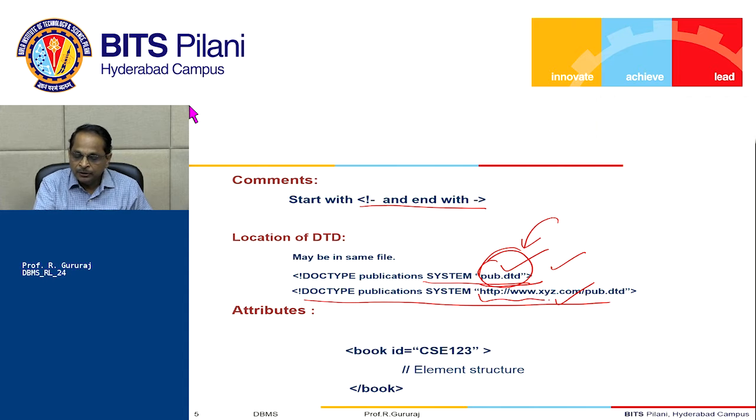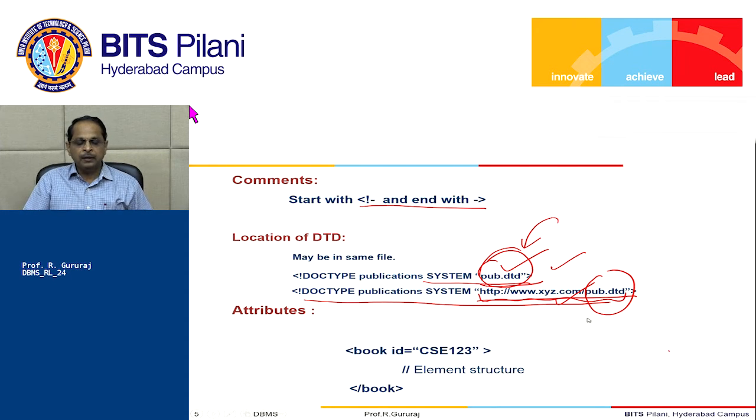In that case, the URL should be given: http www.xyz.com and pub.dtd. It indicates that the pub.dtd adopted by the XML document is not available in the same system, but is available on some other machine on the net. So this is the URL which indicates the location of the pub.dtd file across the net.